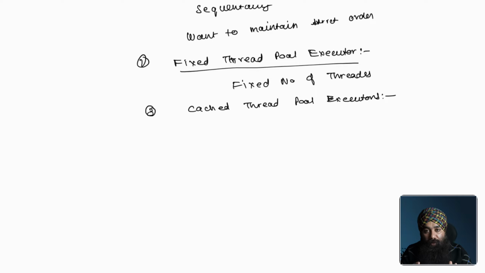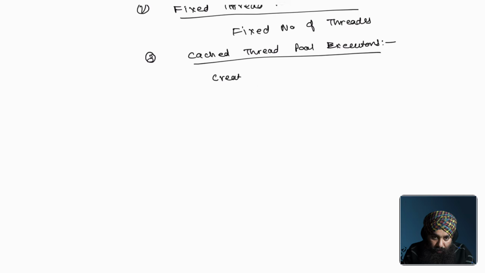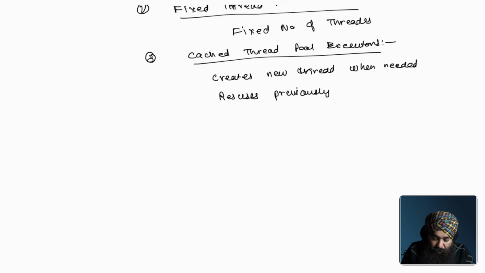But if the first thread which was executing a task is complete, that thread can be used to execute a subsequent task. So basically, it creates new threads when needed and reuses previously created threads.